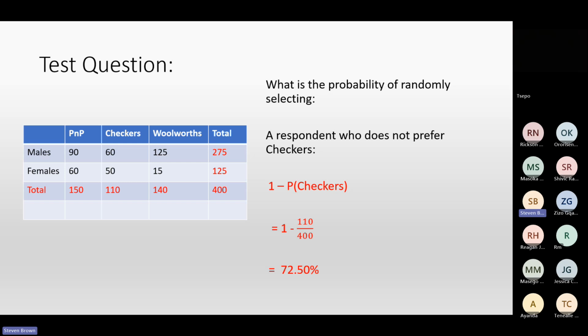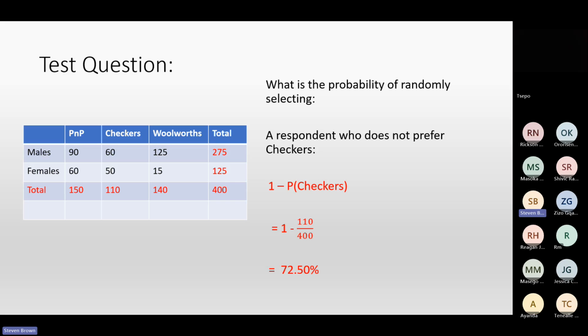A respondent who does not prefer Checkers, so you're going to find the probability of Checkers, which is 110 over 400, and then minus it from 1. Why do you minus it from 1, class? Because this is a totally exhaustive cohort. That all adds up to 400.